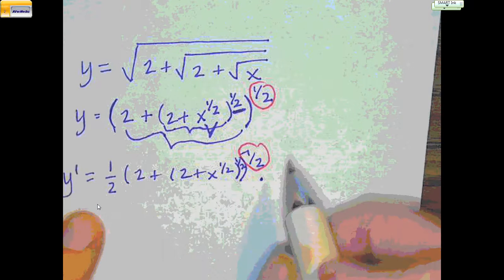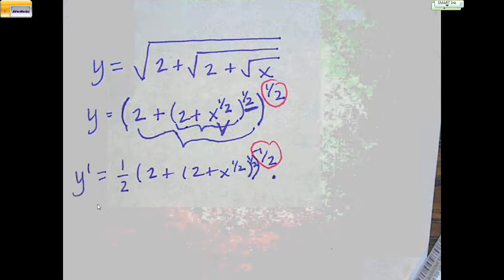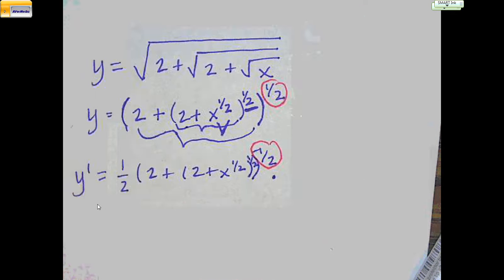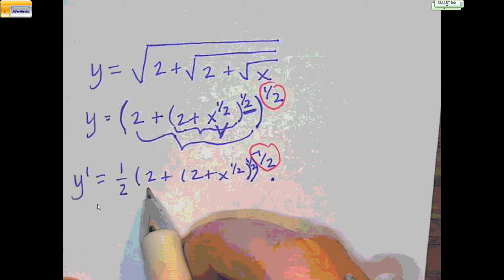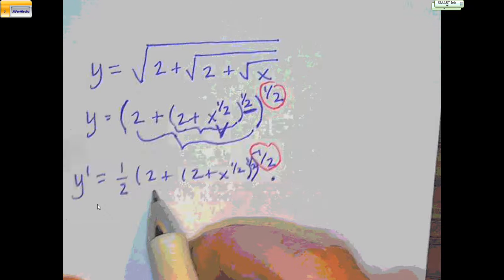Well, actually, let me back up. If we're taking the derivative of the inside, you do need the derivative of 2, which is what? We need the derivative of this entire inside, but the derivative of 2 is 0.